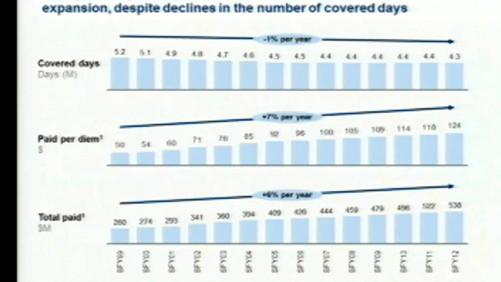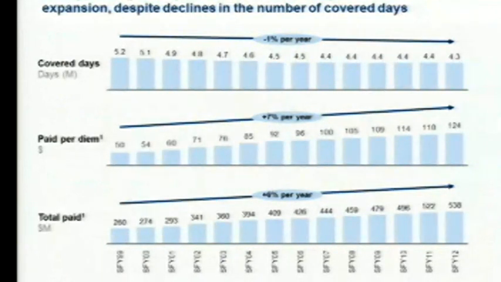The amount of Medicaid payment per day to nursing facilities has grown, and you see some fairly rapid growth there, especially in the early part of the last decade, but continued growth of about 7% per year on average over this time frame, less than that over the last few years. The net of those two is a growth of 6% per year in reimbursements to nursing homes.